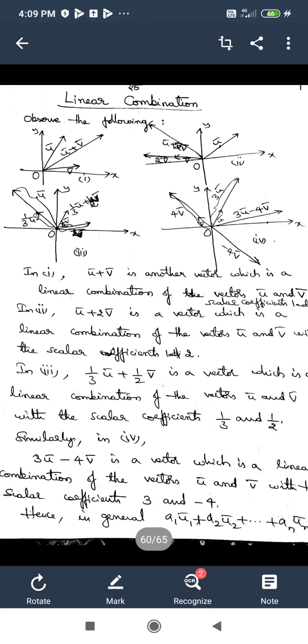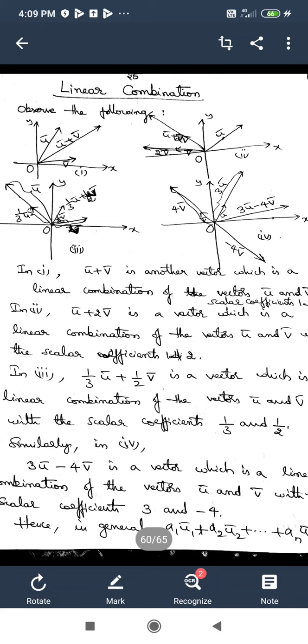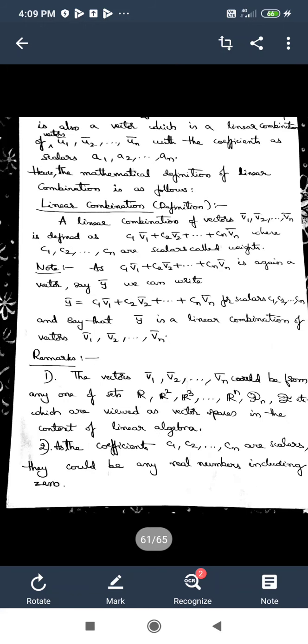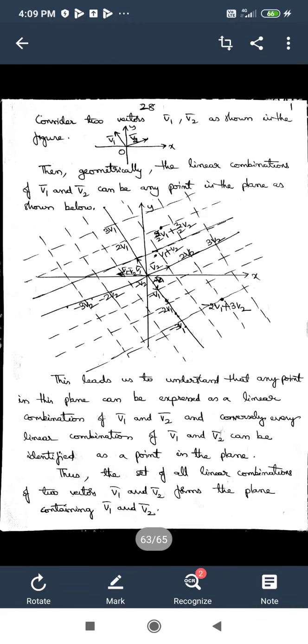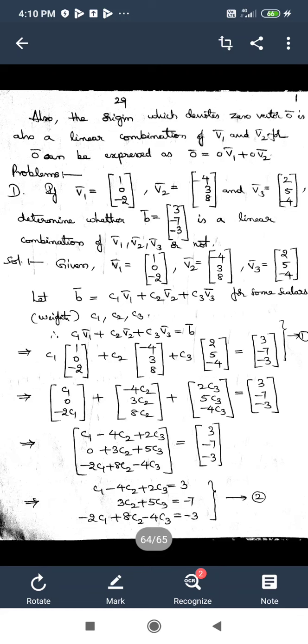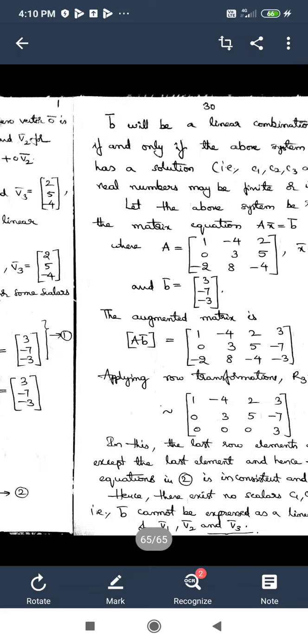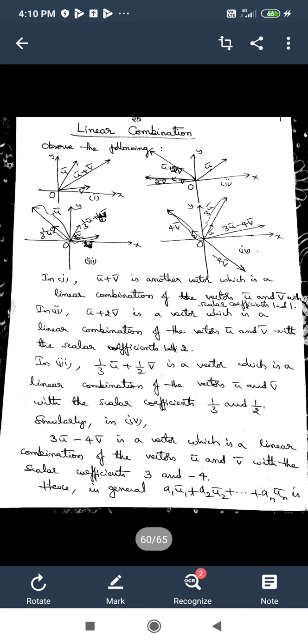So there is a definition of linear combination and some remarks and examples of linear combinations, which we can see even with a geometric purview, and solving some problems on linear combination. This is the content for today's video lesson.